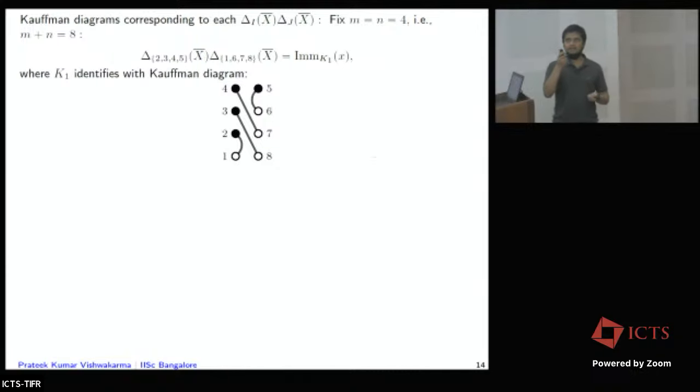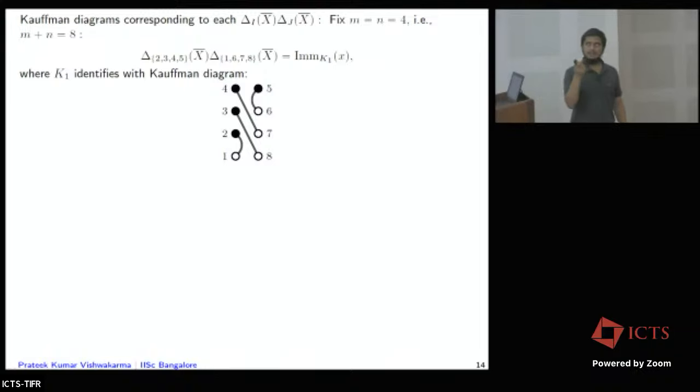So what do I do? I draw a circle, and I mark the vertices 2, 3, 4, 5 with one color and the other vertices with the other color. And I draw matchings so that there is no intersection between the edges, and the edges also remain inside the convex hull. So this will give us one Kauffman diagram.